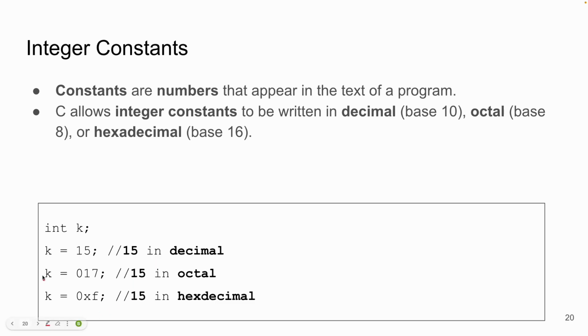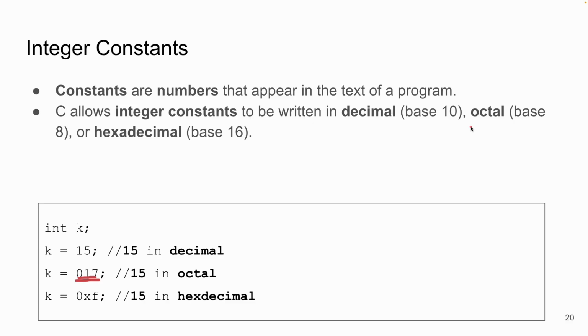This is an example of how we can write down integer constants in different formats in C. In this case, I can declare an integer variable k, and I can assign different numbers to k. I can assign 15 to k in decimal format, and I can also write down a number like this, which is actually an octal number.